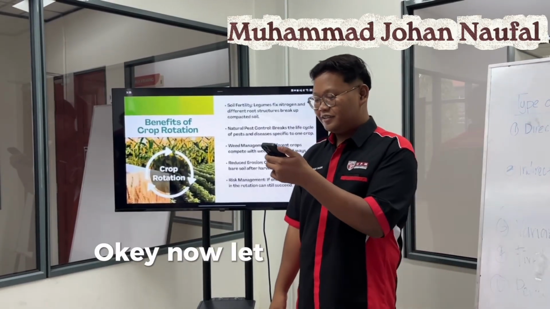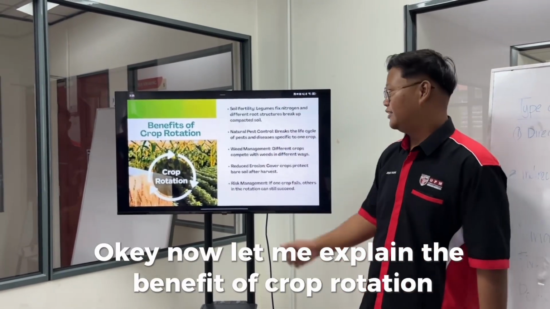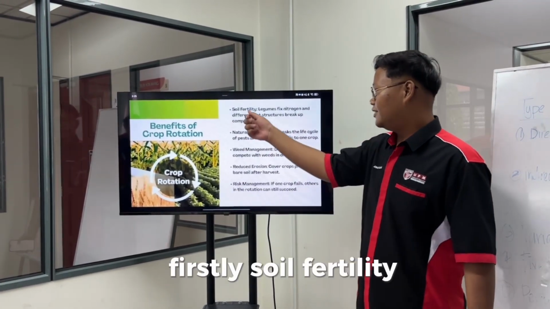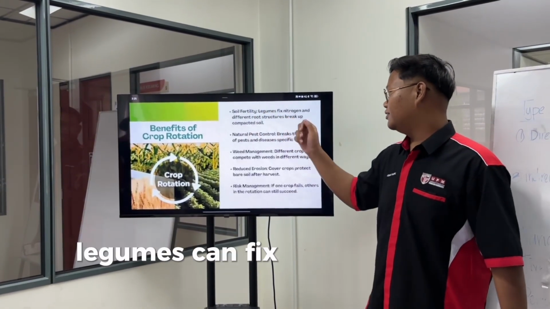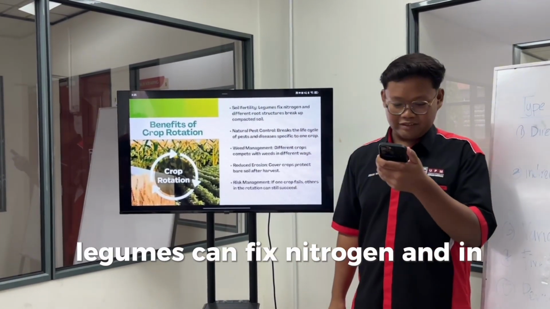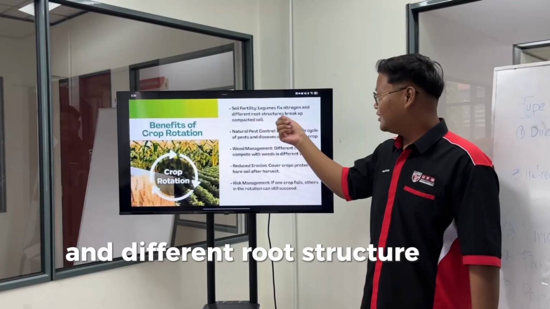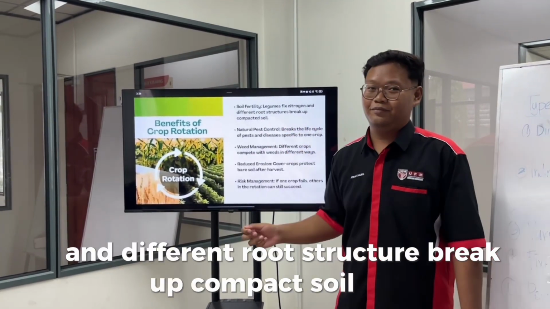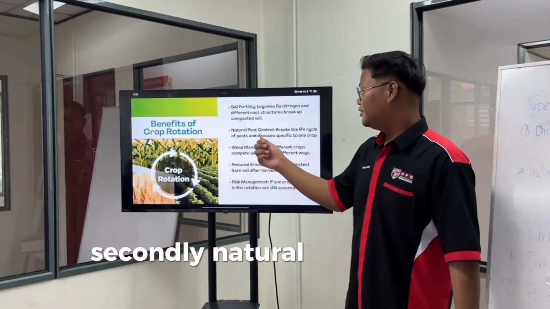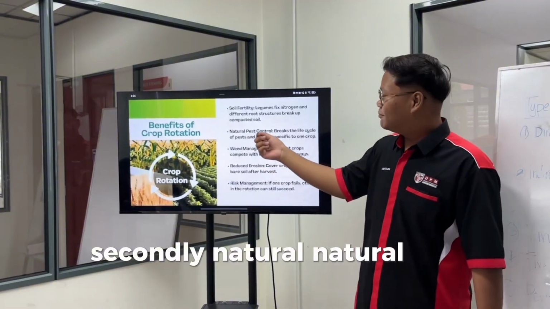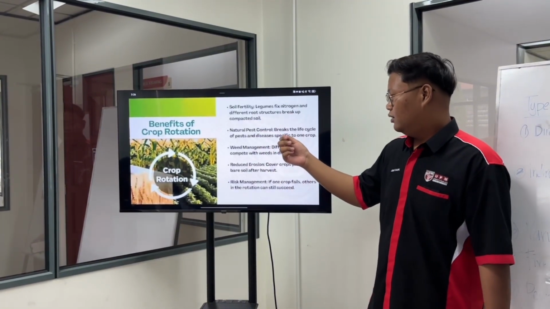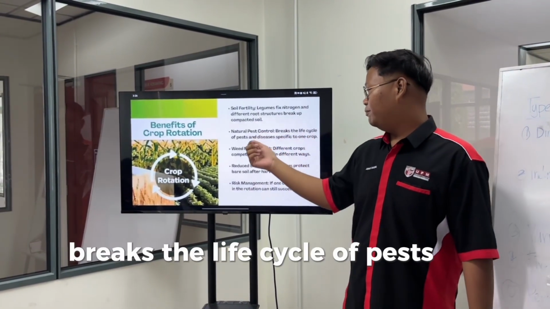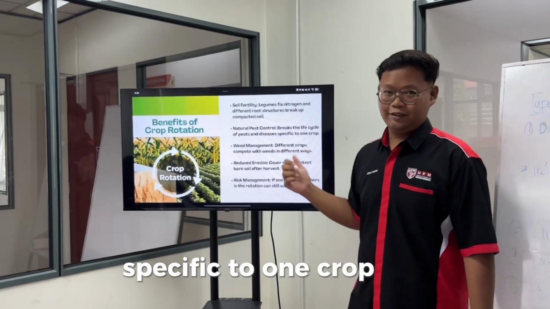Now let me explain the benefits of crop rotation. Firstly, soil fertility: legumes can fix nitrogen, and different root structures break up compacted soil. Secondly, natural pest control: it breaks the life cycle of pests and diseases specific to one crop.